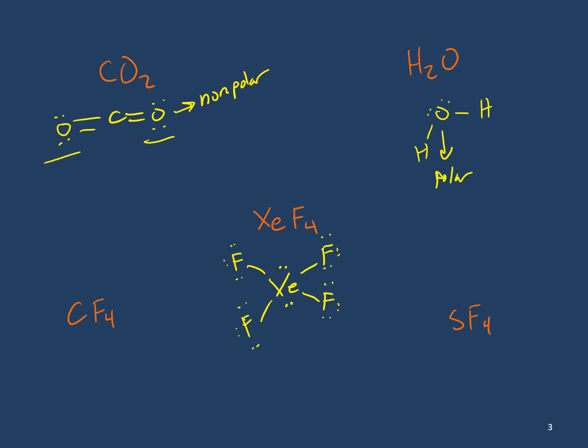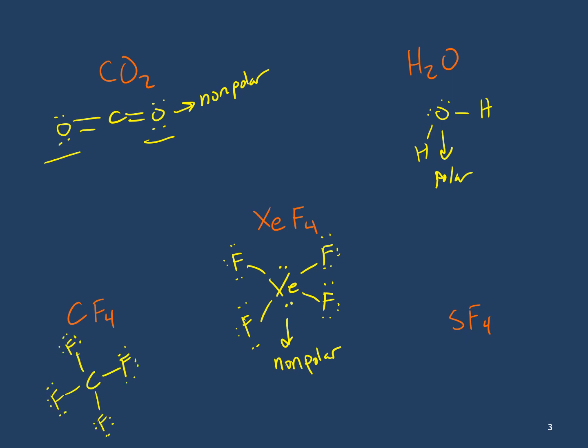But if we know our geometries, we know this molecule has an octahedral electron group geometry and a square planar molecular geometry, and because of that, we know it's an exception to our guidelines because this molecule is exceptionally symmetrical. This is a nonpolar molecule. If we draw CH4, we get a Lewis structure that looks like this.